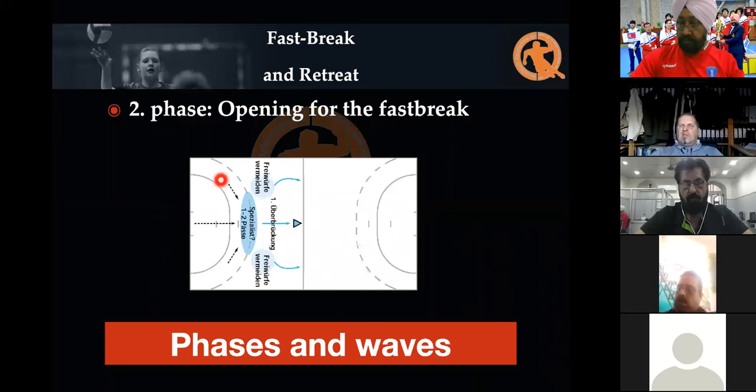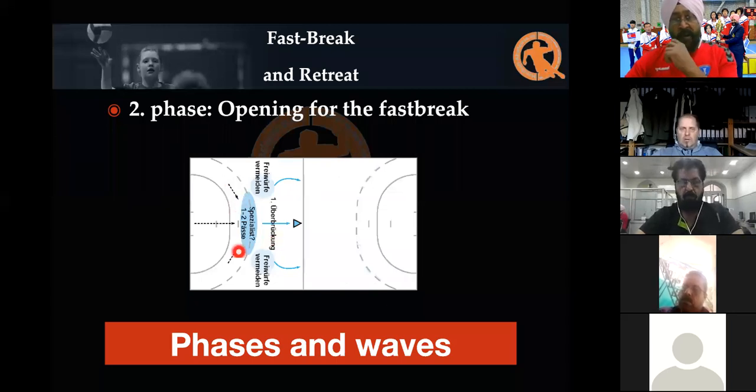Normally it's a center back player too, which is the normal playmaker in positional attack. In normal cases, or in teams that use this, he's a defender on the wing position, coming into the center area, receiving the ball from the goalkeeper and initiating the fast break in an extended fast break situation. So this area is quite important too.